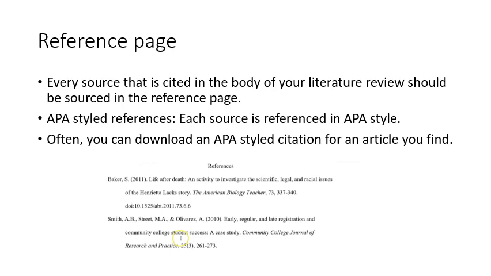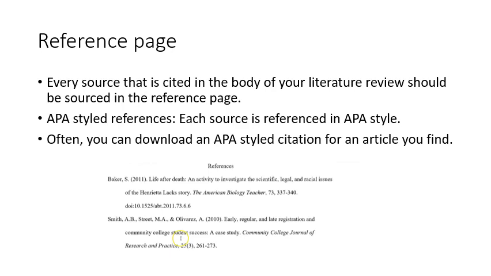There's a period at the end of the article. Then the journal that it's from is italicized, and then it's followed by the volume and issue if it's available, and then the pages. And then it ends with this DOI, the library listing for the article.